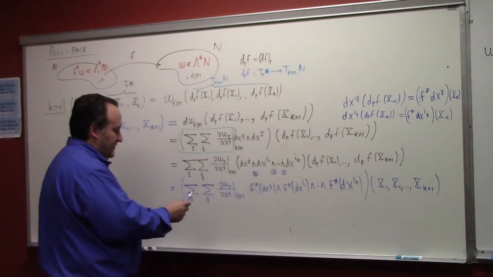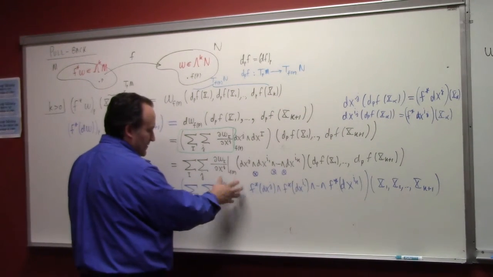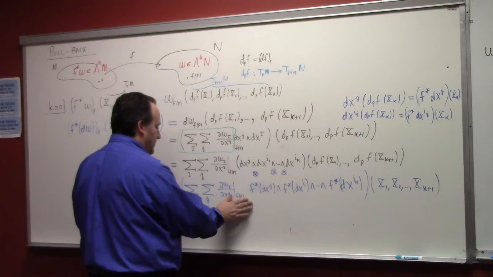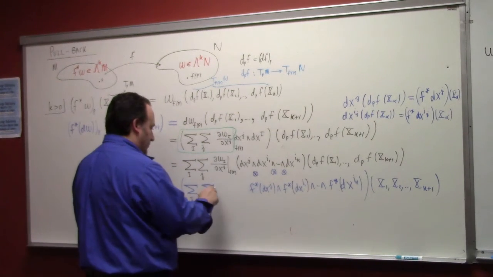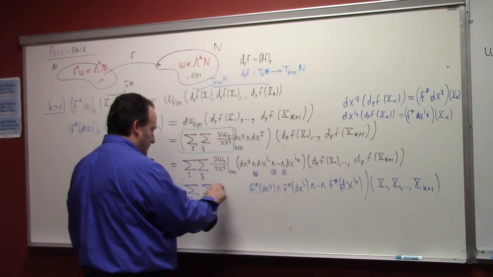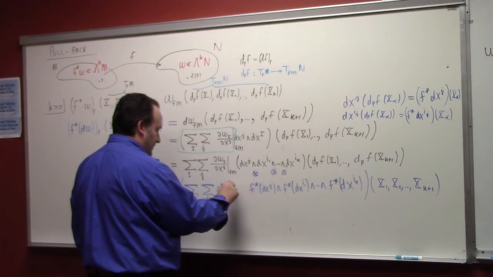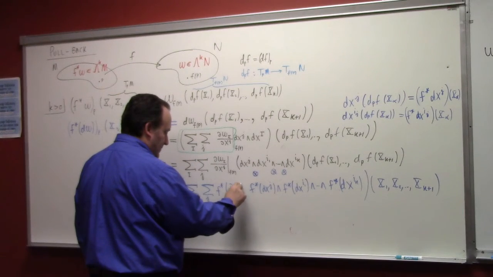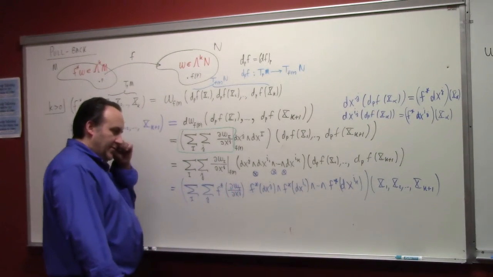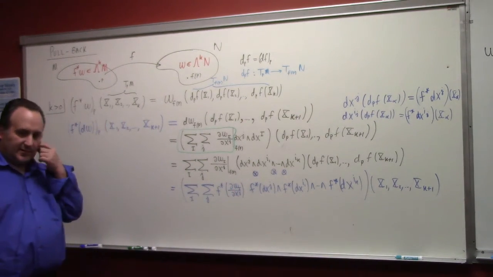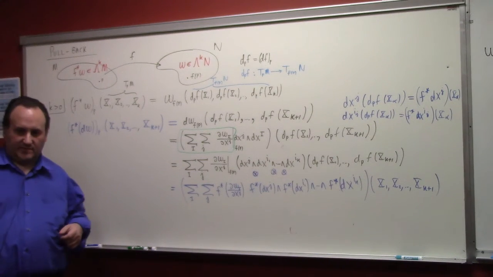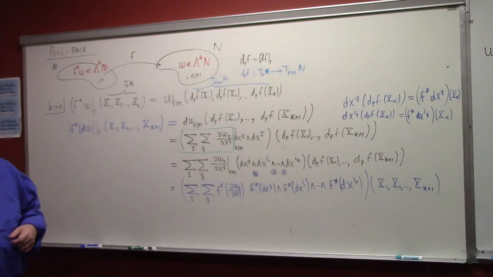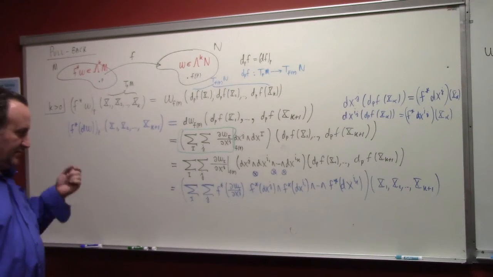But notice that this is actually the pullback of partial omega I, partial x j, because it's composition. It's evaluation at that point.